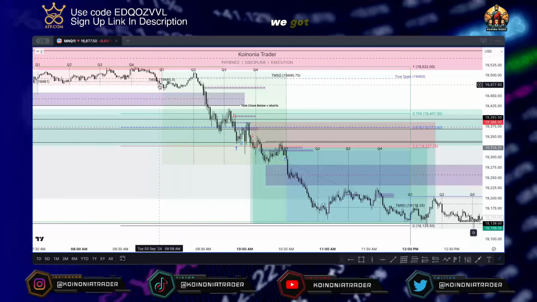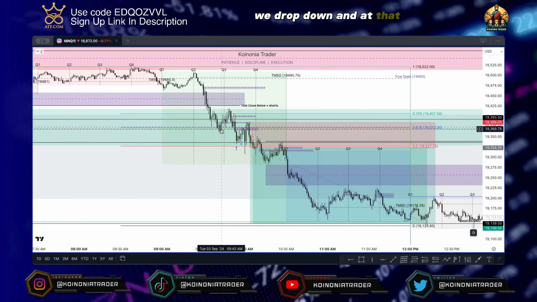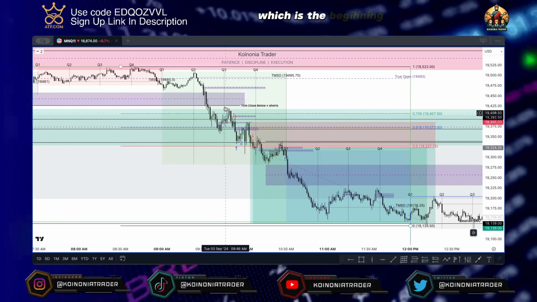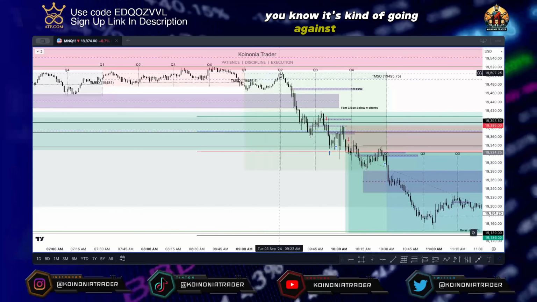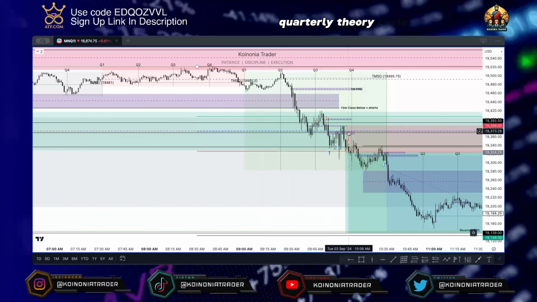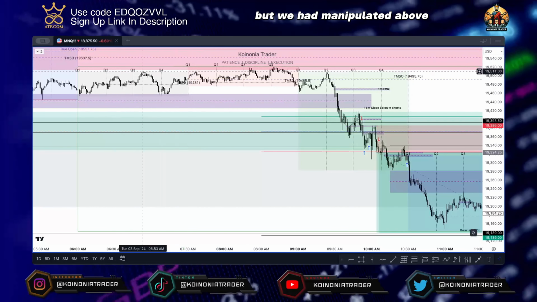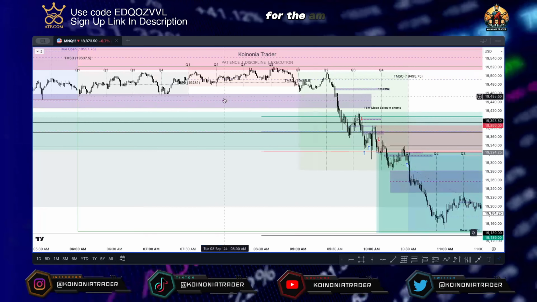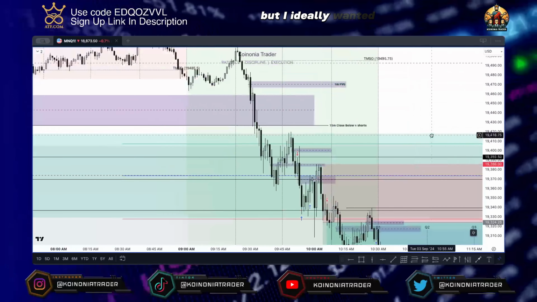We got accumulation here, we dropped down, and at that 9:45 mark, which is the beginning of Q3, I figured, it's kind of going against this little quarterly theory cycle, but we had manipulated above these highs for the AM session.